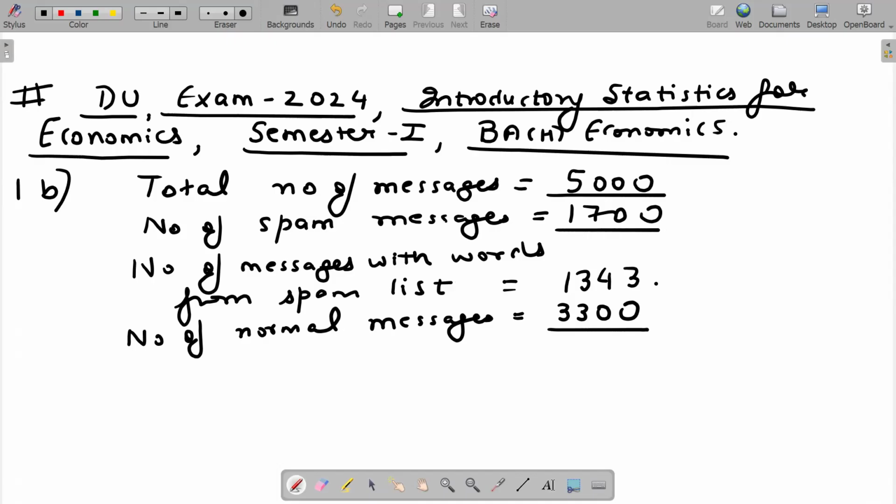Number of messages which contain words from the spam list are 1,343.